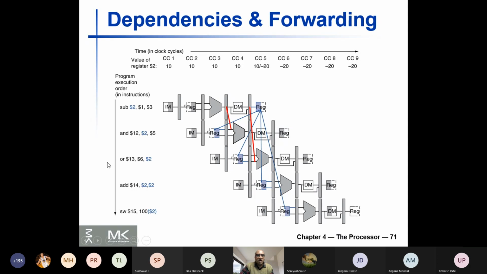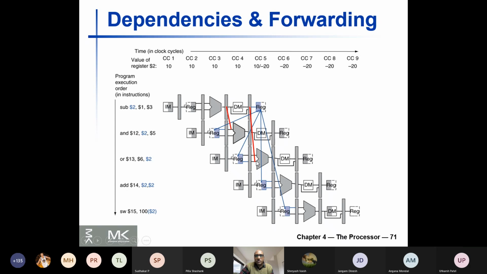Whereas the next instruction, OR, also requires register 2 as one of the operands for its execution. But even at this stage, write back is not available, because the register writing only takes place at this stage, and it's not there in this pipeline register.